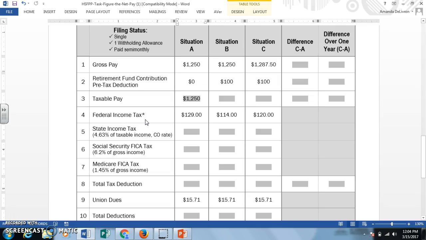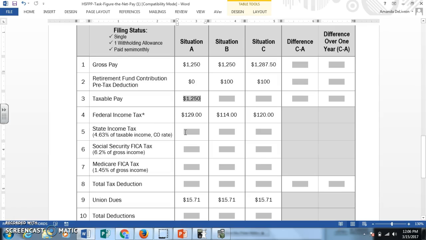Now, the federal income tax, it says that you're going to owe $129, but that doesn't include your state income, your Social Security, and your Medicare taxes. So in order to figure those numbers out, you have to take this $1,250 and multiply it by 4.63%. And right before we ended, I said you have to move this decimal place over 2 places.